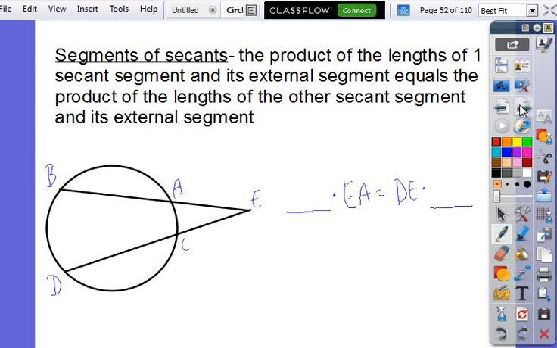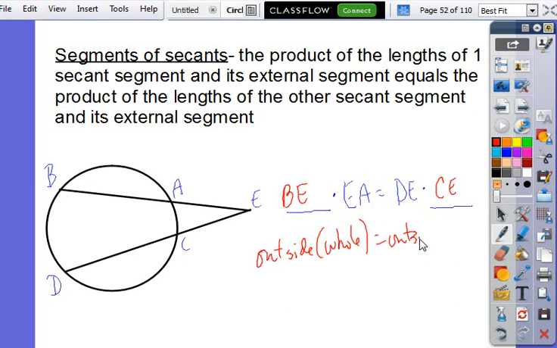Well, that's got to be multiplied by the whole thing, which is BE. And then the DE is what? That's the whole thing, so I've got to multiply that by the outside, which is CE or EC. That doesn't matter. But generally, this is what you're doing. Outside times the whole equals the outside times the whole. You can remember that. It's an easy rule.